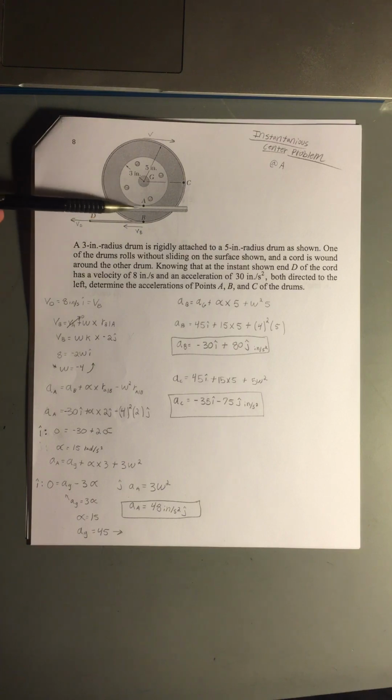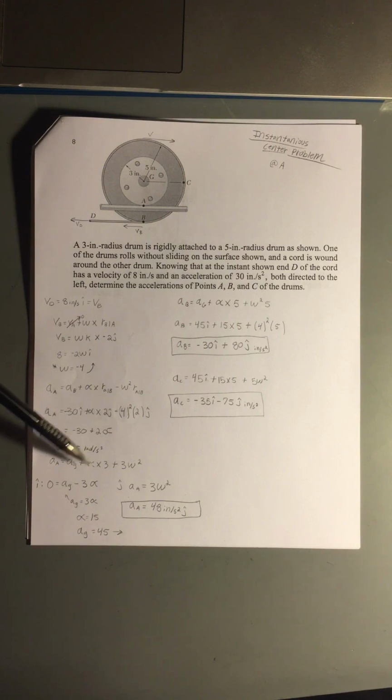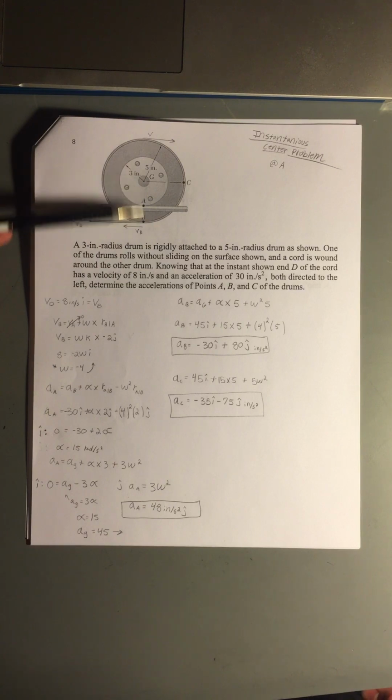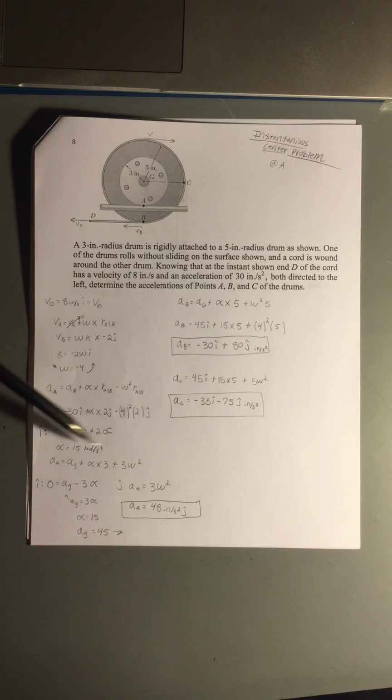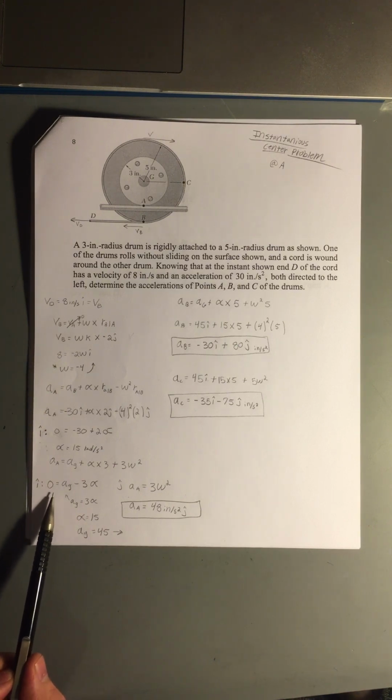And then after that I used the same equation once again to find the acceleration of A, but this time I did it from the center of these drums at point G. And so it's a similar process here. We just plug in the things that we know. The distance between A and G is the 3-inch radius here. And we solved for alpha up above, and we solved for omega up above as well. So now, plugging all that in, we can look at the i and j components once again.